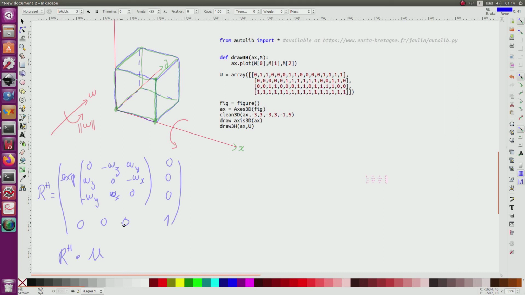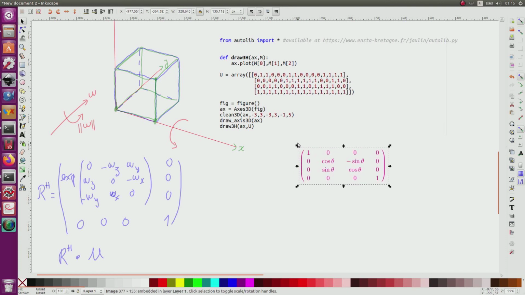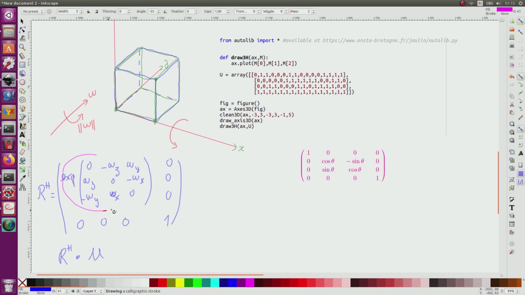So since I have to turn around the OX axis, I can, if I prefer, directly have an expression which corresponds to this. So it means that this, in our specific case, corresponds to that.